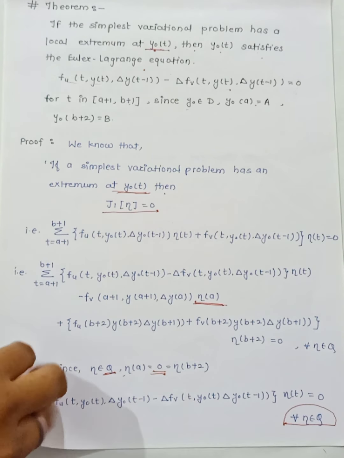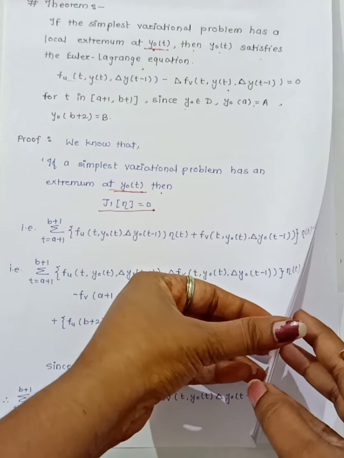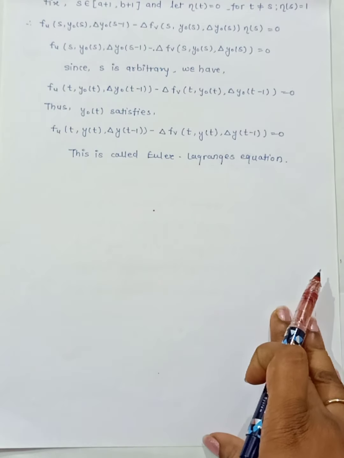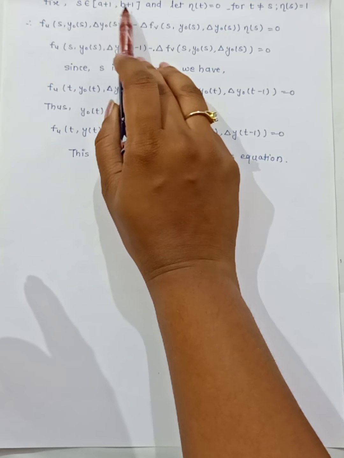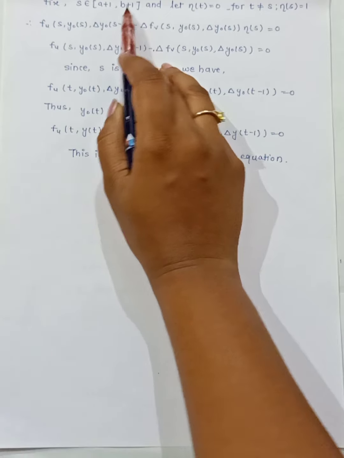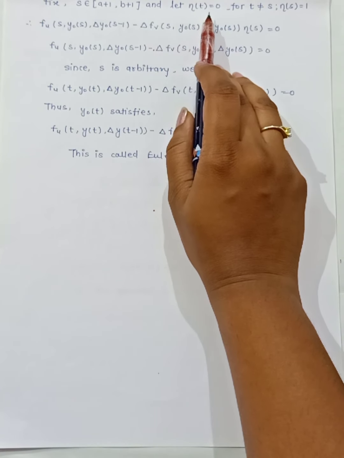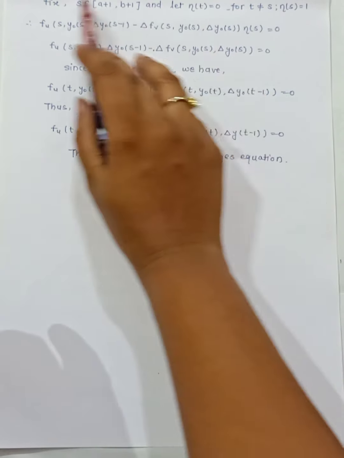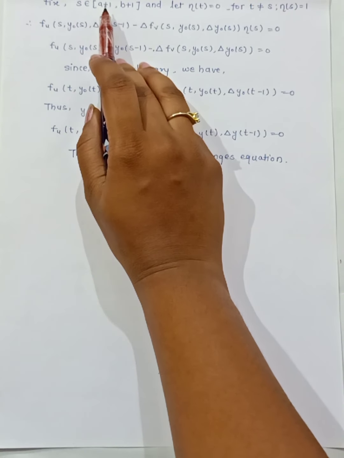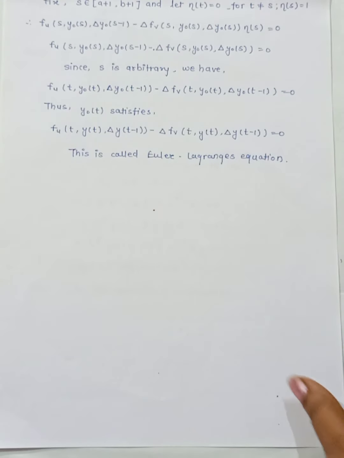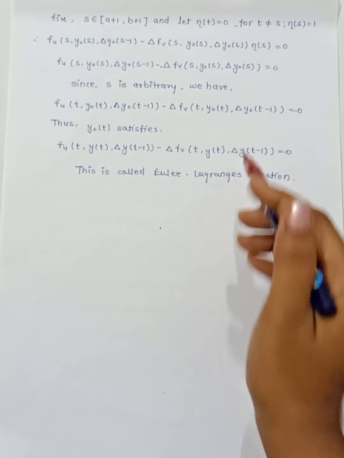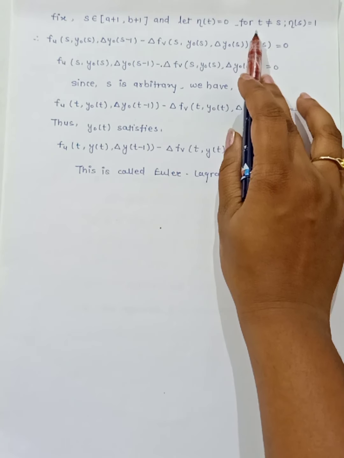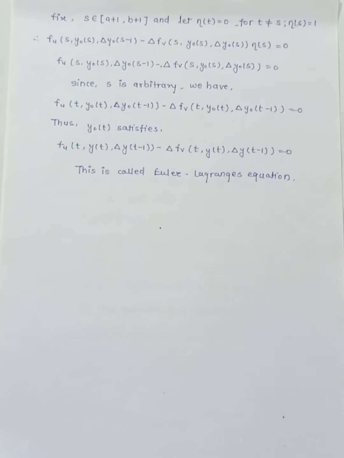So next we will get, fix s belonging to the closed interval a plus 1 and b plus 1, and let eta of t equal 0 for t not equal to s, where eta of s equals 1.